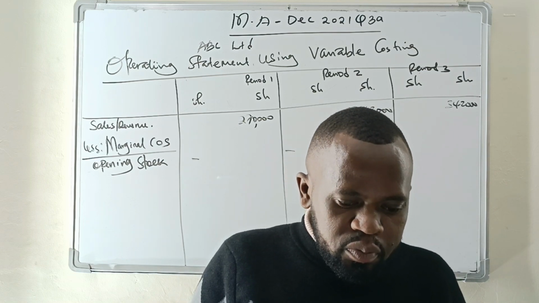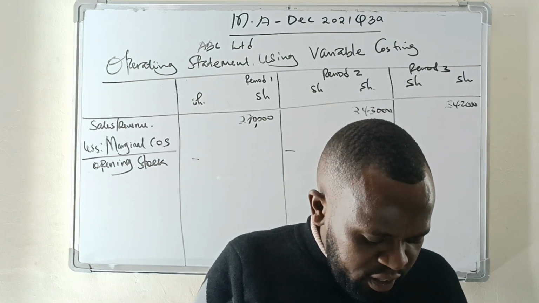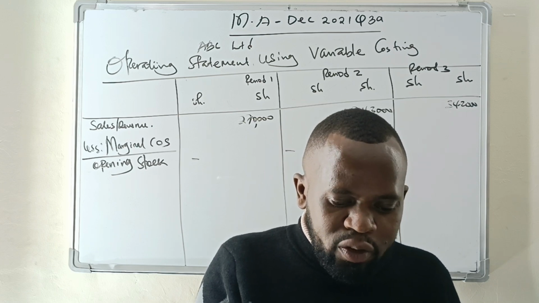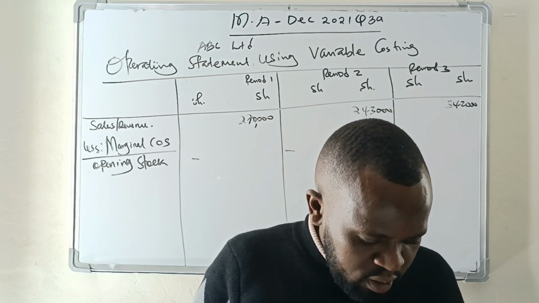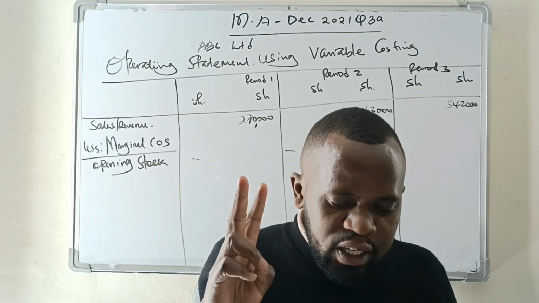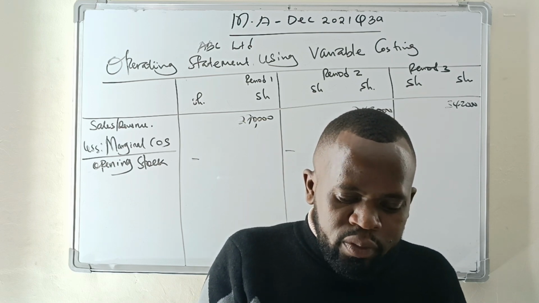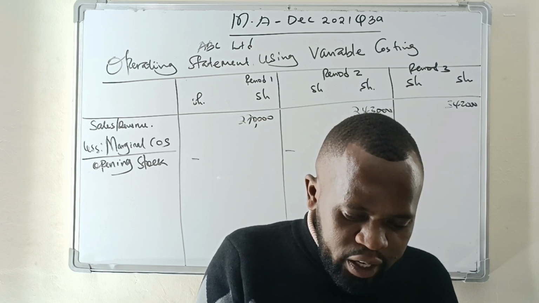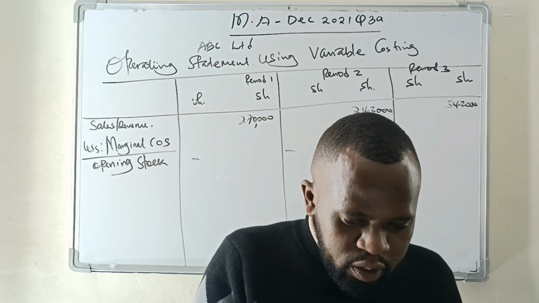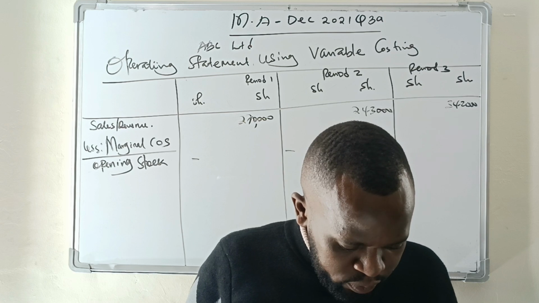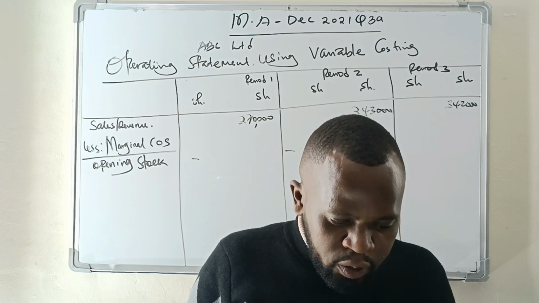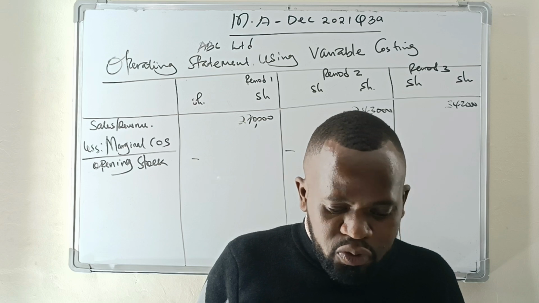So 2/3 of the production overhead per unit is 2 shillings, which is what should be variable. So I add 2 shillings for production overhead plus 1 shilling for direct labor plus 1.5 shilling of direct material, which is 4.5.